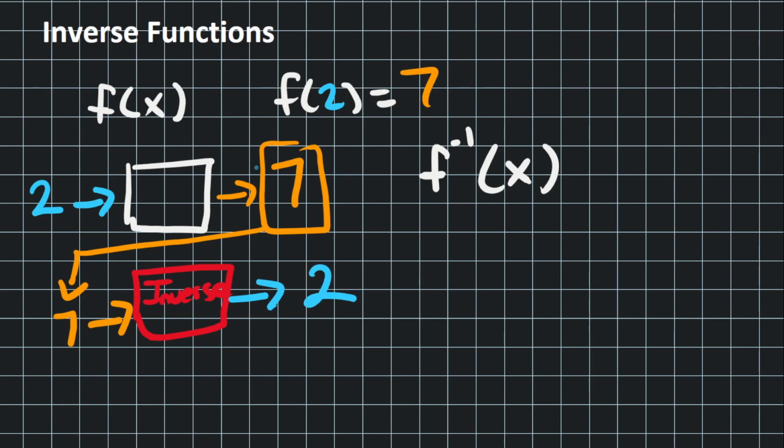In other words, we can put a 7 into this inverse function, and we will get a 2. So f inverse of 7 equals 2. If f of 2 is 7, that means f inverse of 7 is 2. And that is how inverse functions work.